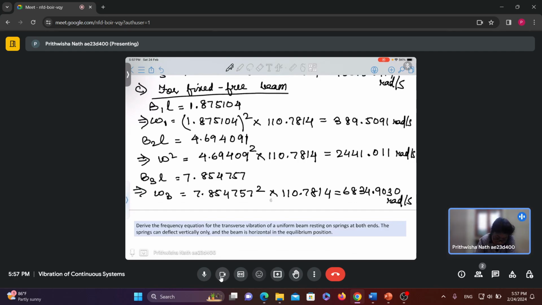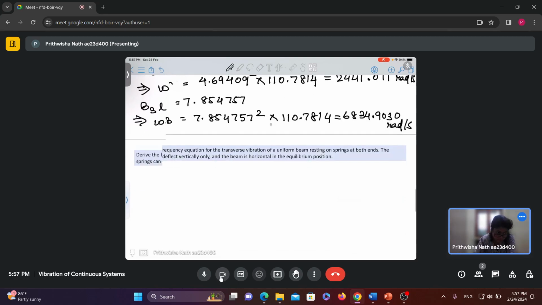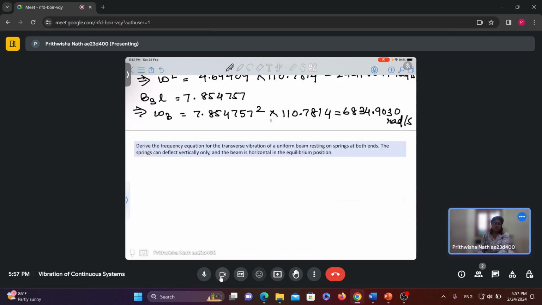Now moving on to the next question. Derive the frequency equation for the transverse vibration of a uniform beam resting on springs at both ends.